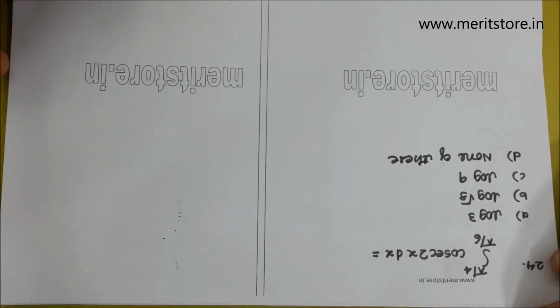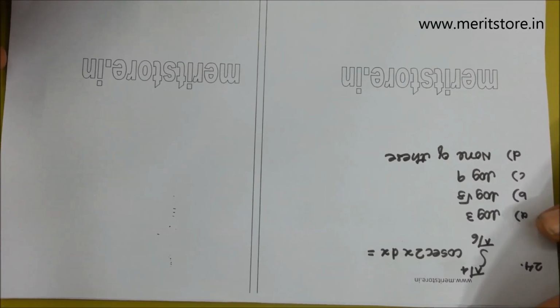Integral of pi by 6 to pi by 4 of cosec 2x dx is equal to.